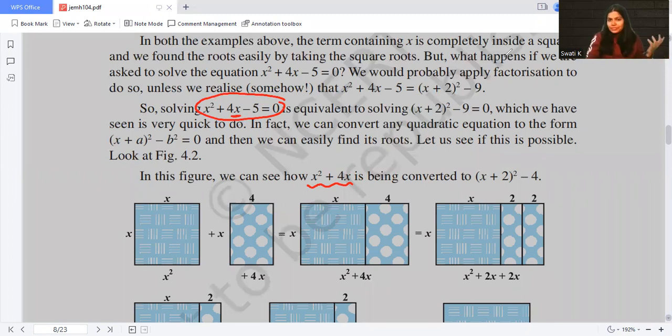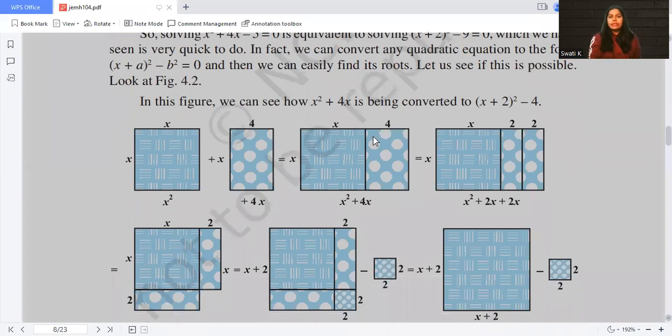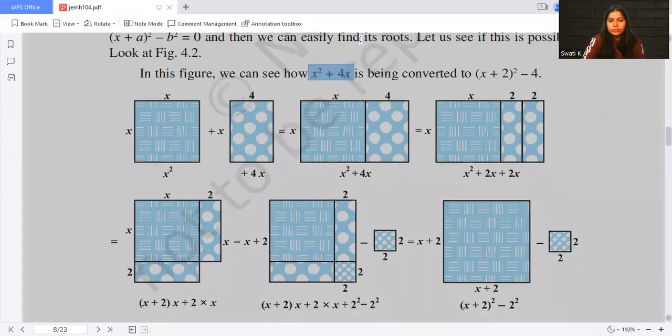First we should understand this, and then of course we are going to solve a lot of questions where you can easily convert any quadratic equation into a complete square form. So let's understand the same with the help of this example that they have shown here, which is very simple. Imagine that we have x squared plus 4x, which you can see right here.